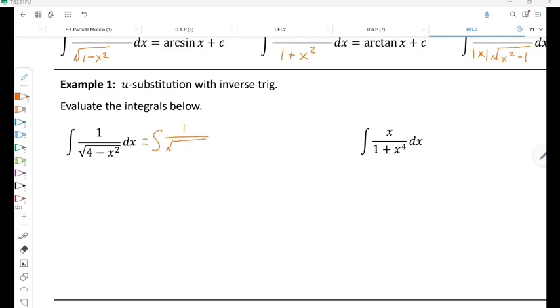So I'm going to rewrite this as 1 over the square root of 4 times 1 minus, and when I pull that 4 out, what does that x squared become? Correct, x squared over 4. And then, of course, a dx at the end.